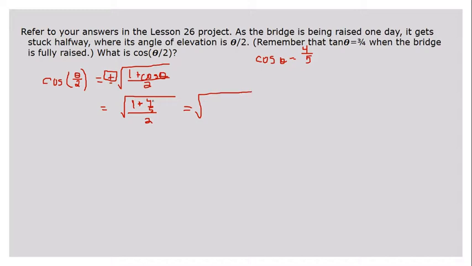When I look inside my square root, the first thing I need to do is get a common denominator on the top. My common denominator is going to be 5. So I'm going to change my 1 to be 5 divided by 5 plus my 4/5, divided by 2. 5 plus 4 gives me a 9. Keep my denominator the same as the 5, all over 2.